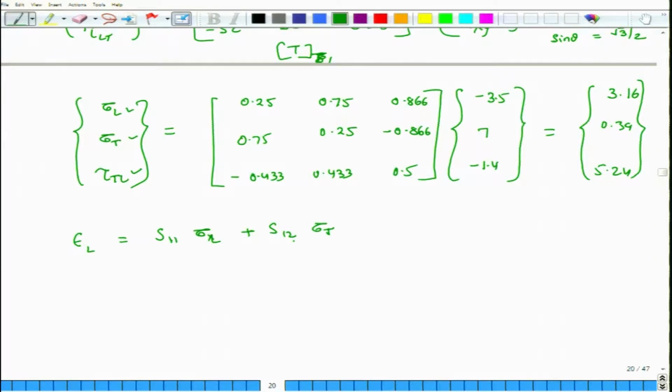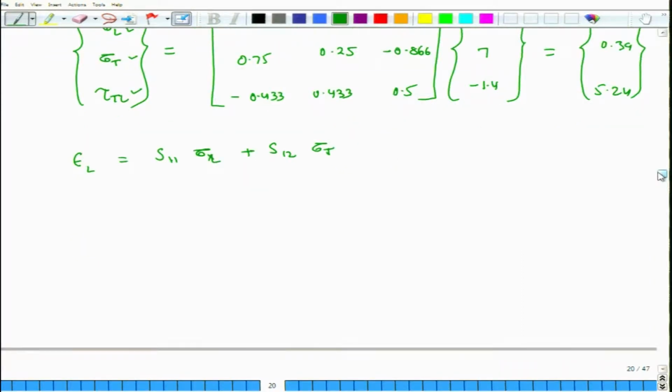Similarly, epsilon T is equal to S12 sigma L plus S22 sigma T, and gamma LT is equal to S66 tau LT.